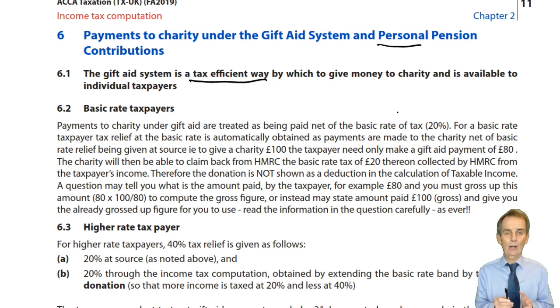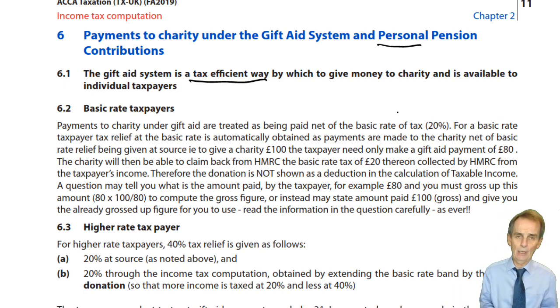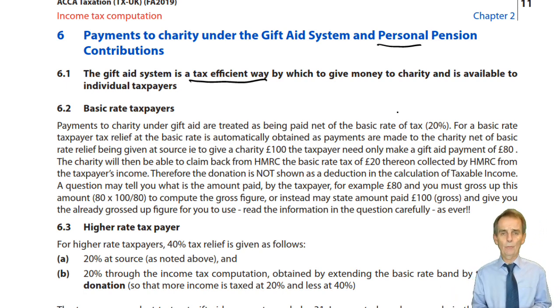I'm left with a net of £80 after basic rate income tax. If, of course, I'm an employee, not that we know the calculations yet, there's national insurance contributions to work out your actual net income. But in terms of income tax, as a basic rate taxpayer, for every £100 gross, I end up with £80 net after 20% tax.